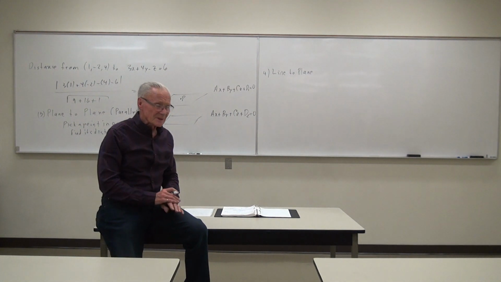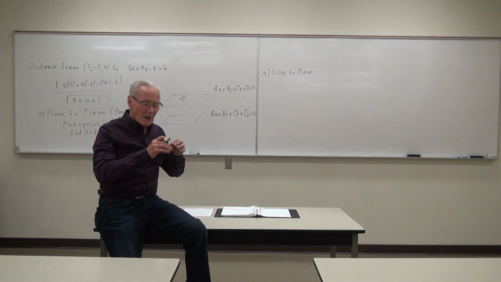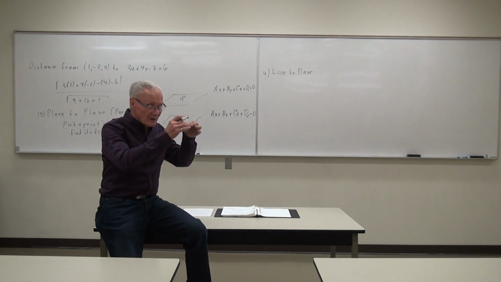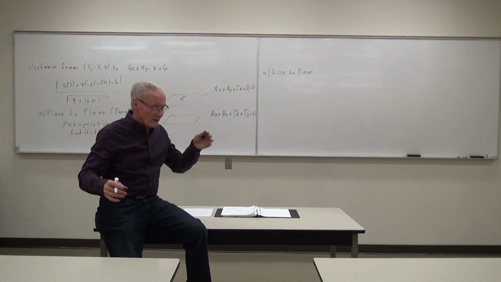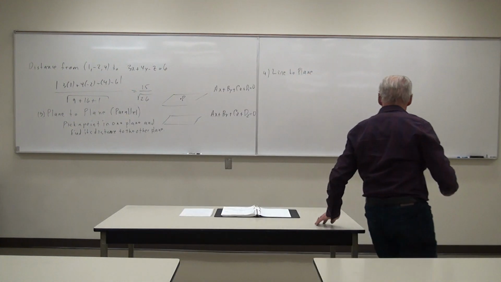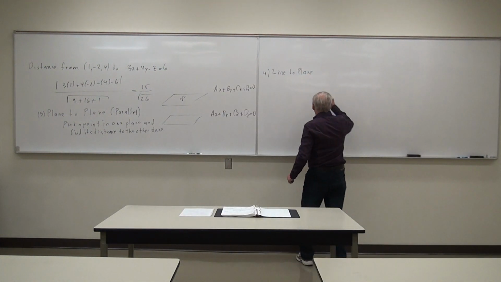Would not that have to be the same as it was in the last one? The line would have to be parallel to the plane. If it's not, then the line is going to intersect the plane, and then the distance is 0. So this would assume, again, that they are parallel.